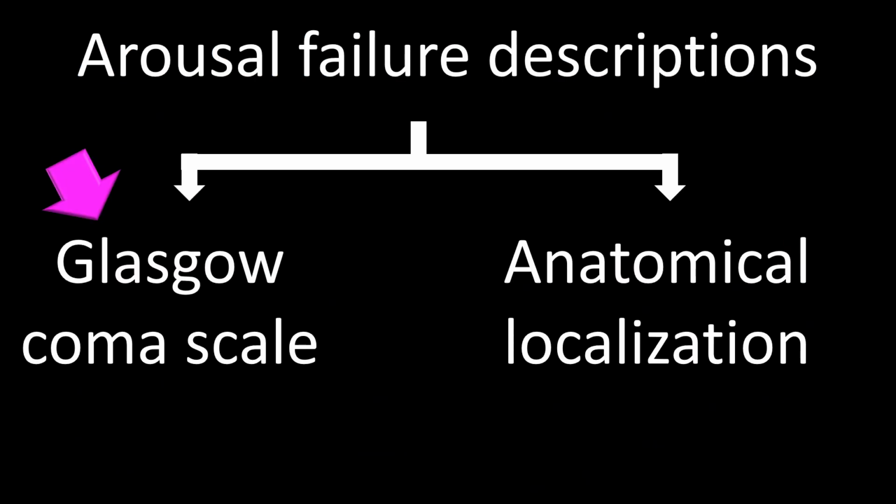So we have talked about the Glasgow Coma Scale, and we will address anatomical localization as a way to a more precise description of the degree of arousal failure. This method is based on determining the region of the neuroaxis involved. It is important to notice that changes in mental status occur relatively rapidly. Those exams conducted minutes apart may yield different results.